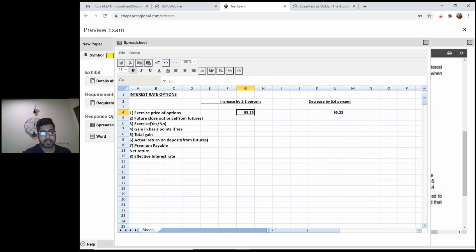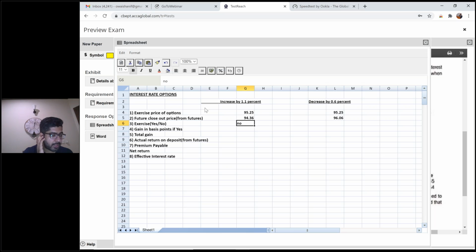In case of increase, I think it was 94.36, and in case of decrease, it was 96.06. Now I need to decide exercise yes or no. The strategy was buy now, sell later. Buy now at 95.25, sell at 94.36. Buy at 95, sell at 94. Exercise yes or no? The answer should be no.